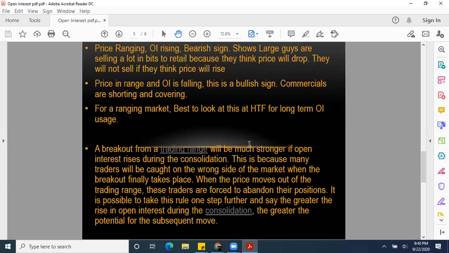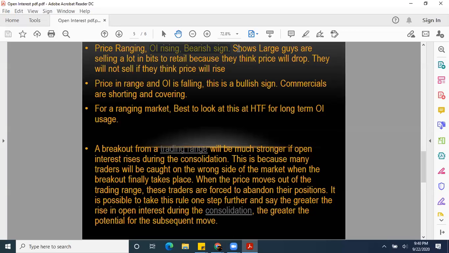So let's begin to wrap up this, then we'll go into the chart. Again, I believe we said at the very beginning, if you are very new to trading, this will look like Greek to you, right? So now, what about instances where price is ranging? If price is ranging and open interest is rising, it's a bearish sign.